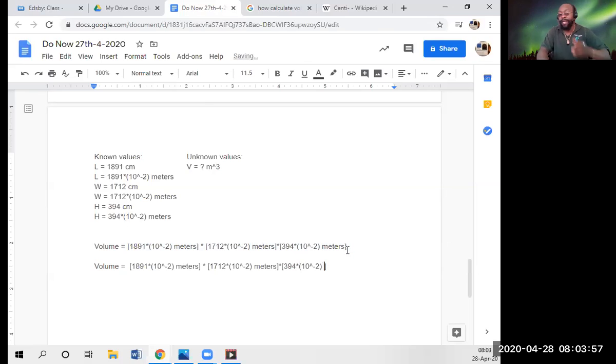That's meters times meters times meters, so that's meters cubed. And these meters are basically a consolidation of all the metrics, right? All right, so cool. And now this is all multiplied by a dimension of meters raised to the power of 3.